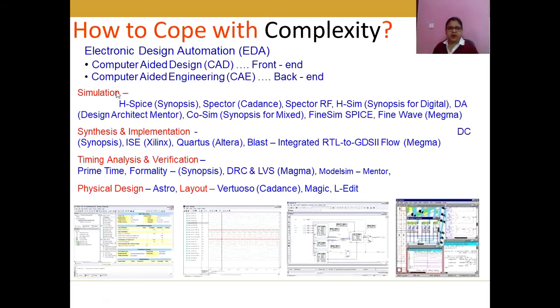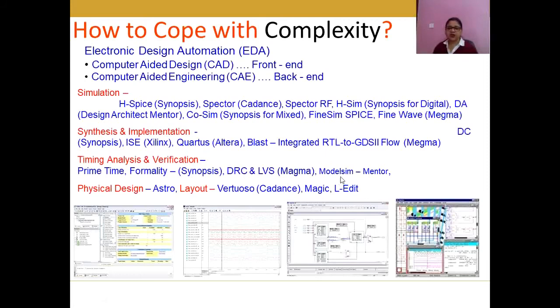For simulation we use Synopsys, Cadence, and then HSIM, SSPICE, Magma. There are a number of tools available at the simulation level. For synthesis and implementation, we have again Synopsys, Xilinx, Altera, Magma. So this is again a list of the EDA tools. For timing analysis and verification, we have PrimeTime, Formality from Synopsys, Magma provides DRC and LVS, Mentor provides ModelSim.